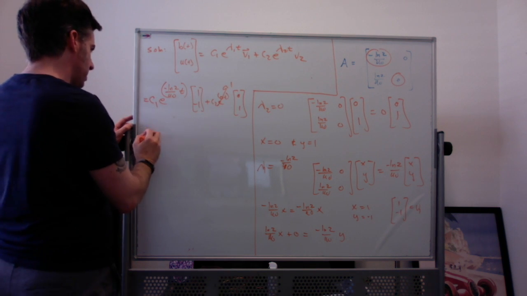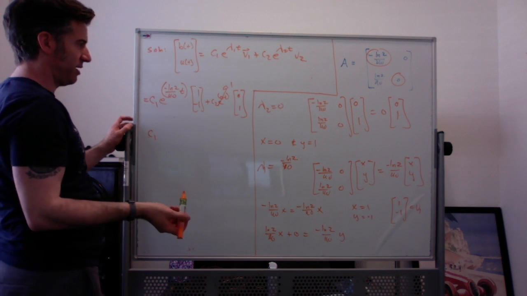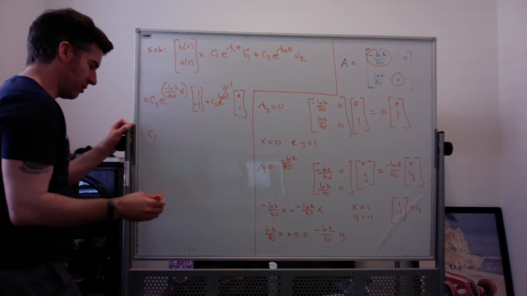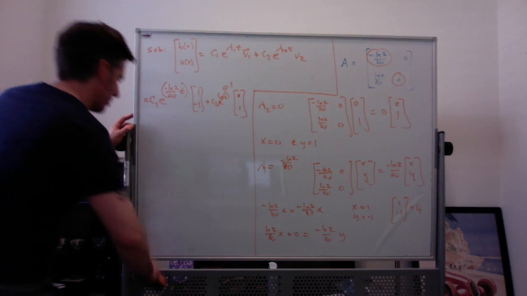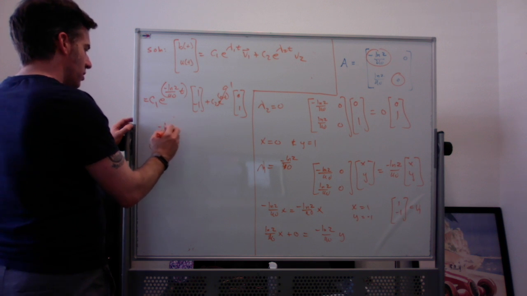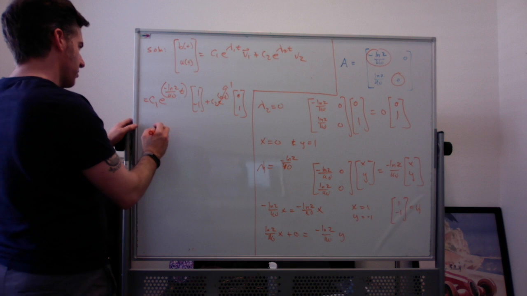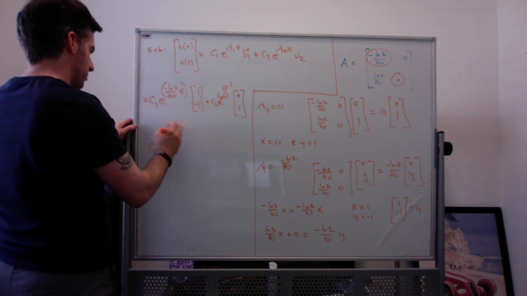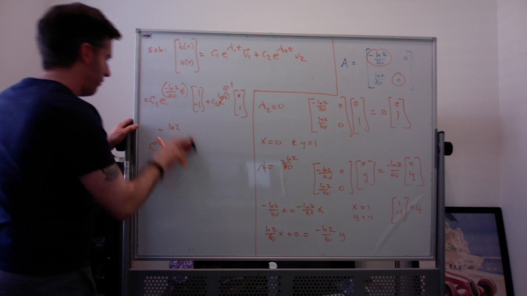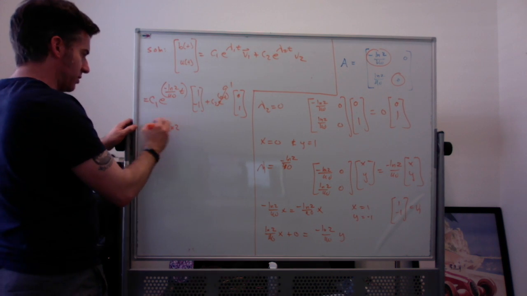So I've got c1, and e to the negative natural log of 2 over 40 actually does simplify nicely. Let me show you before I write this down. If you've got e to the negative natural log of 2 times t over 40, sorry, I messed that up. So you've got negative t over 40 times natural log of 2.